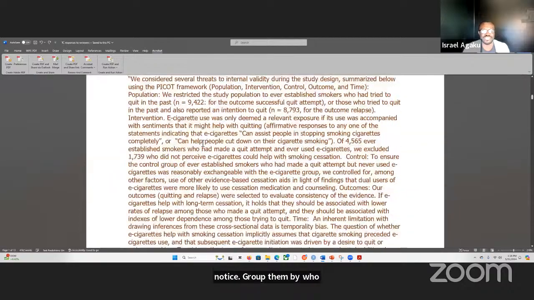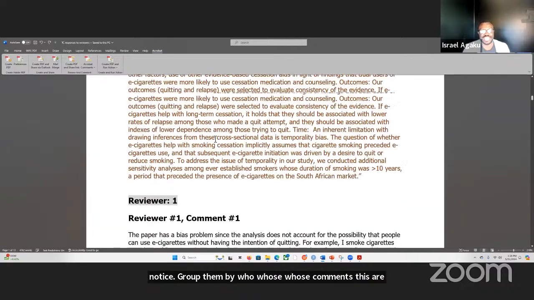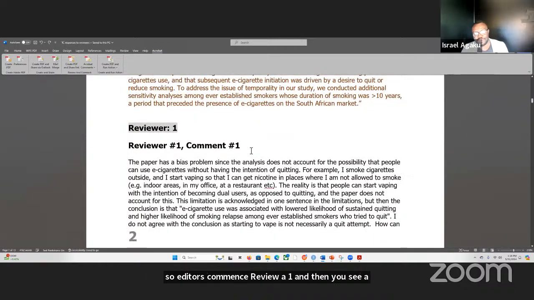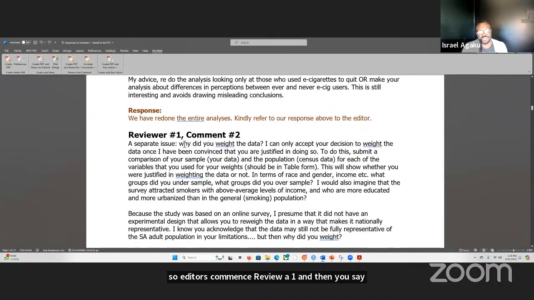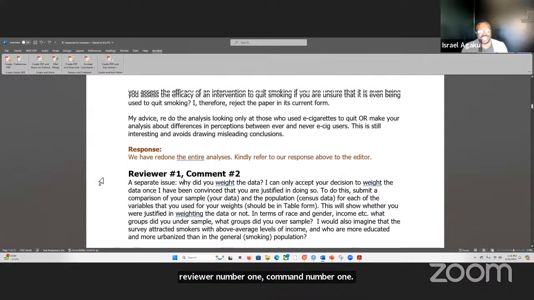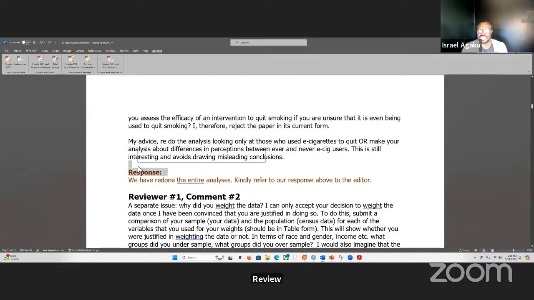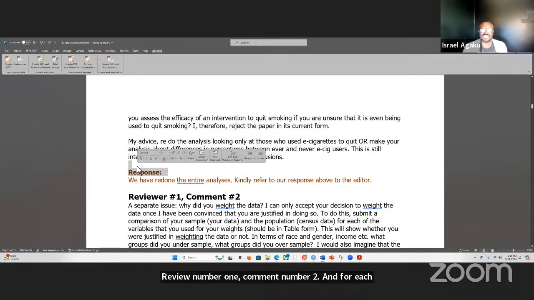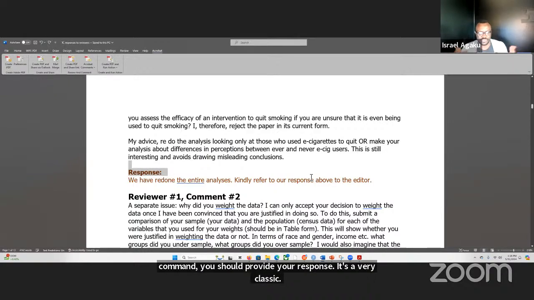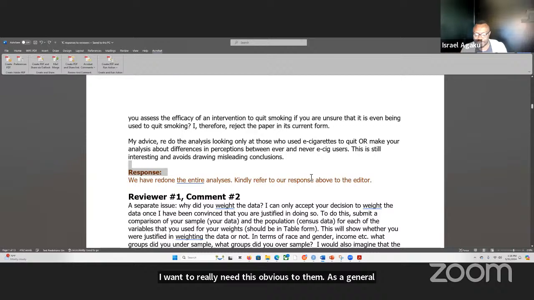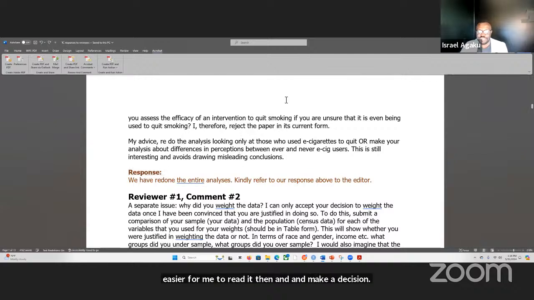So editor's comments, reviewer 1, and then you say reviewer number 1, comment number 1, reviewer number 1, comment number 2, and for each comment, you should provide your response. It should be very clear so that when they're reading it, it's obvious to them. As a journal editor, this is how I like when authors submit their responses back to me. It's easier for me to read it then and make a decision. But anyway, this is not a class on peer review. Let's go back to the topic.